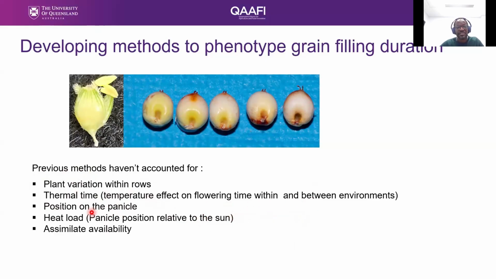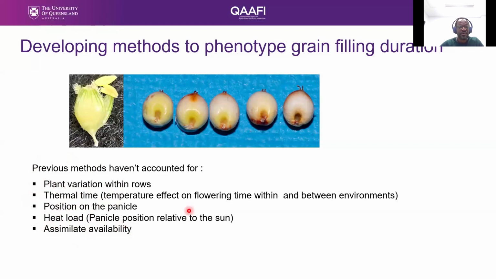Many studies have not accounted for temperature effects, especially on flowering, because plant growth responds to changes in temperature, and it is important to look at the temperature variation. Another thing is the relative position of the seed or the grain that you sample in the whole panicle. And then panicle position relative to the position of the sun. And here we call it heat load, and I'll explain later why it is important.